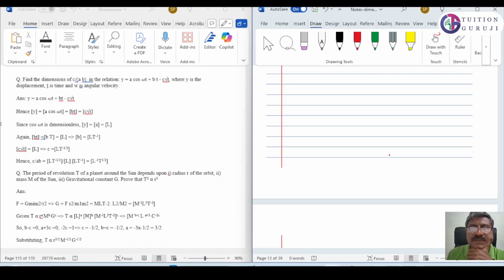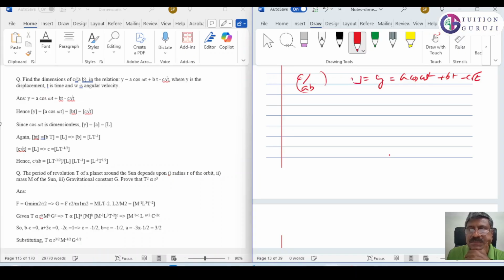Find the dimensions of C by AB in the relation y is equal to a cos omega t plus bt minus c root t. So y is displacement, so its dimension is L. The t is time and omega is the angular velocity.